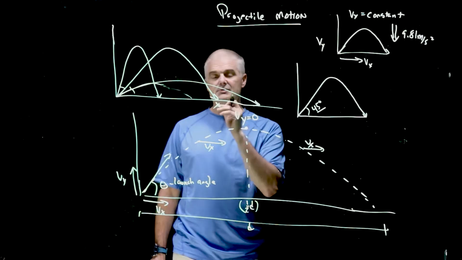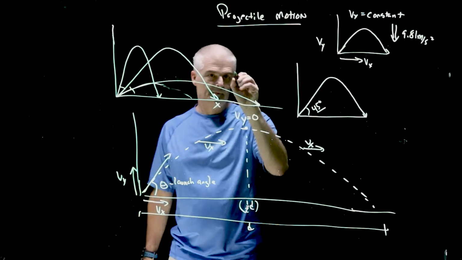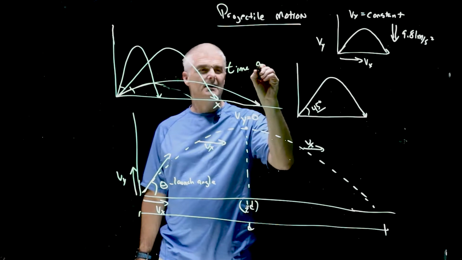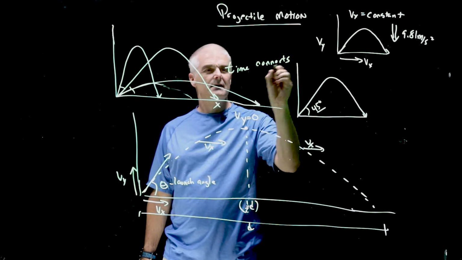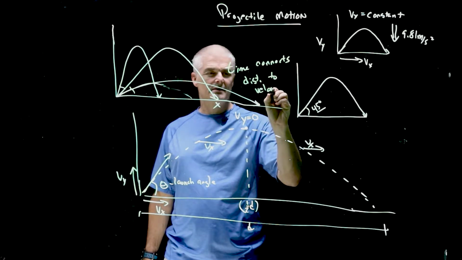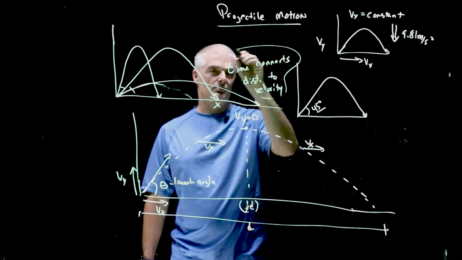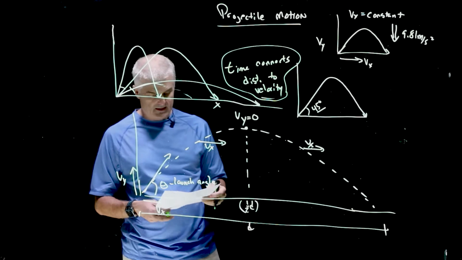So let's talk about the time. Time is a great way to connect distance to velocity, because time doesn't change. Think of it as the connector when you're solving these problems.